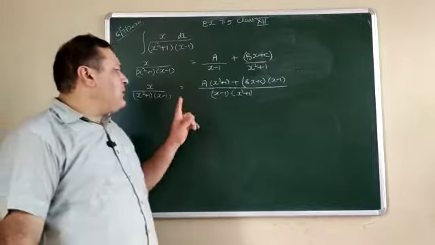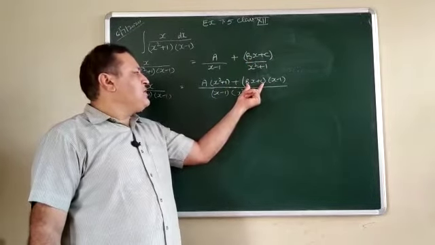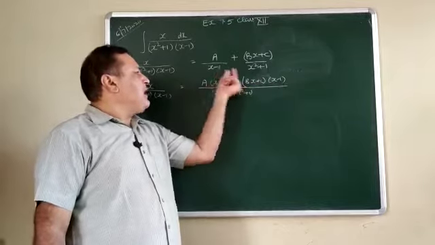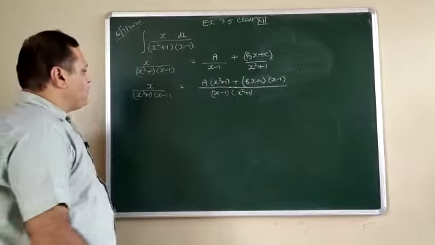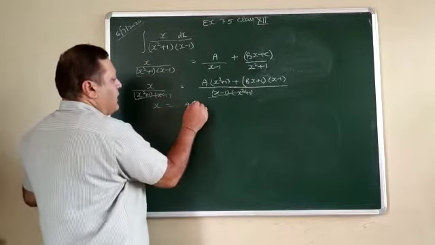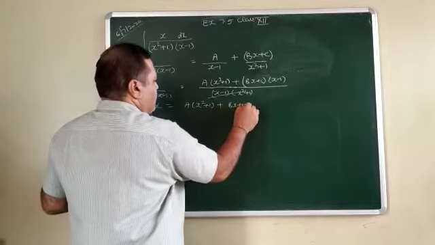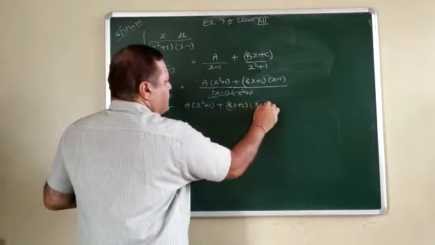During the LCM, take care, bx plus c is one function, so keep this function in a bracket and multiply with x minus 1, so that when you substitute the value you will get the answer. x is equals to a into x square plus 1, plus bx plus c into x minus 1.